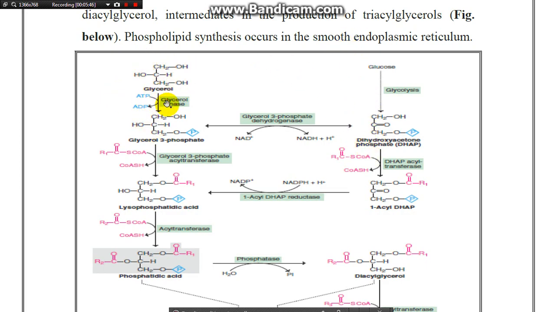The first pathway is glycerol that is obtained from the other source and converted to glycerol 3-phosphate by the glycerol kinase after addition of one phosphate group obtained from the adenosine triphosphate, and the glycerol 3-phosphate, by enzyme glycerol 3-phosphate acyl transferase and addition of acyl CoA, gives lysophosphatidic acid.